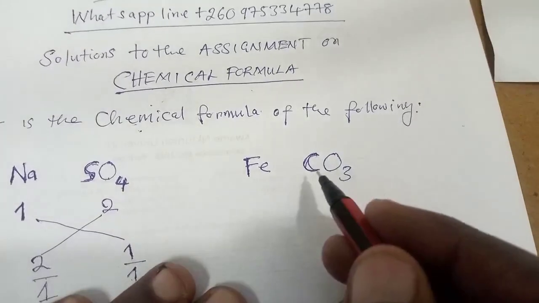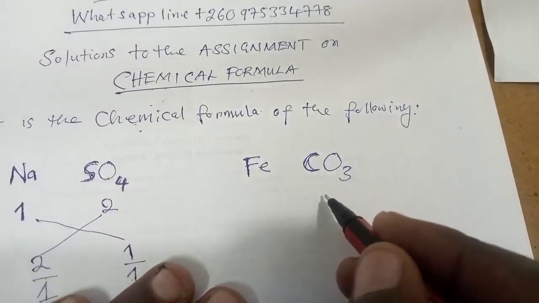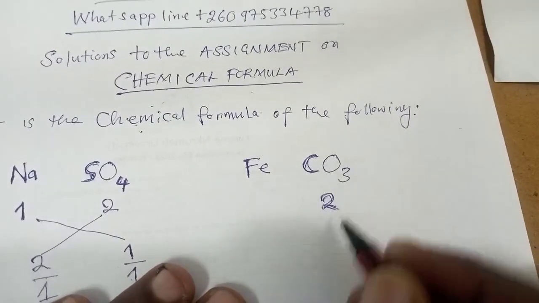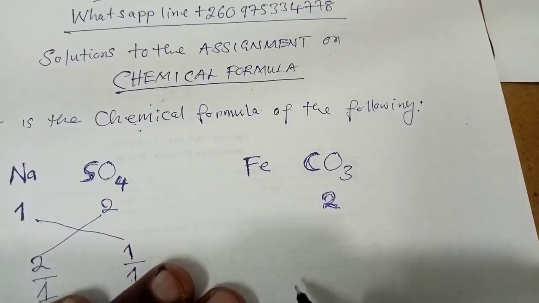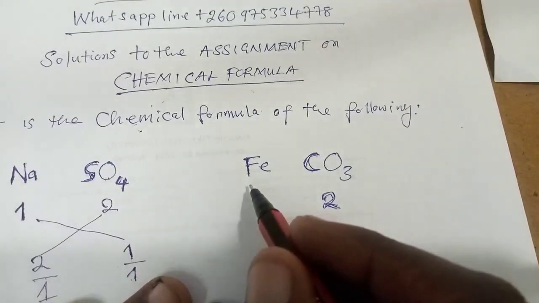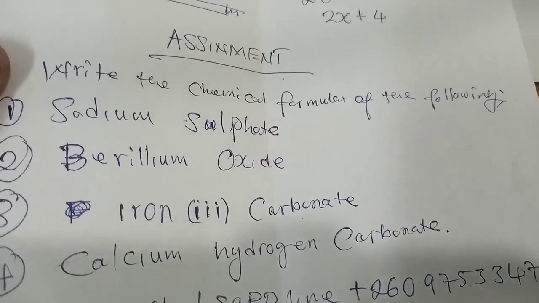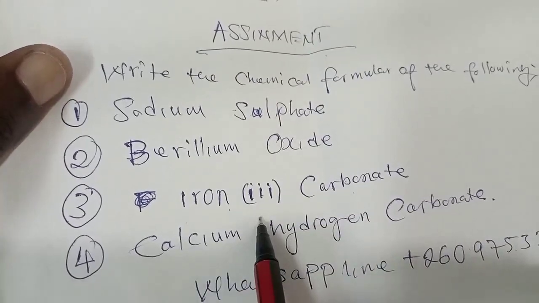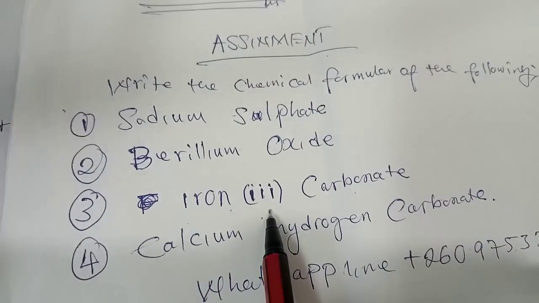Carbonate has a valence of 2. I sent you the radicals and their valences. Then iron 3: when you see iron 3, it means that iron has a valence number of 3.